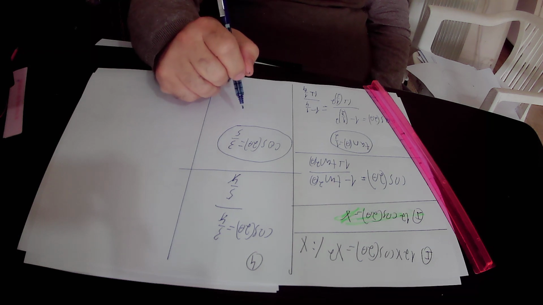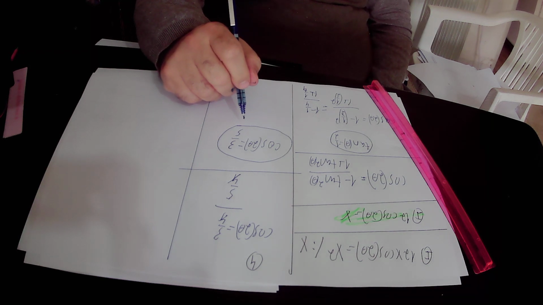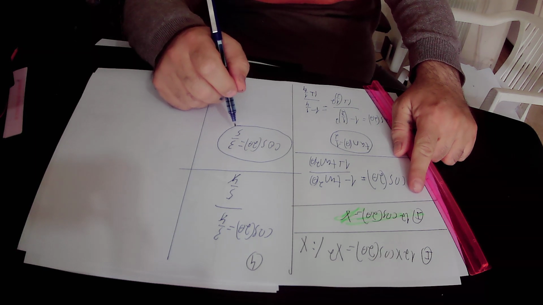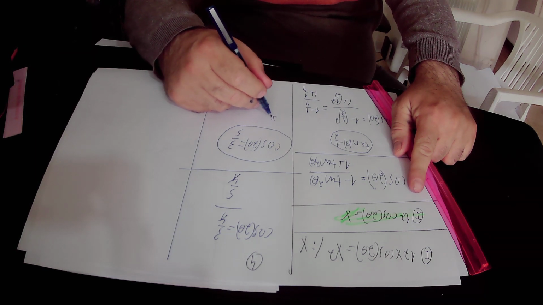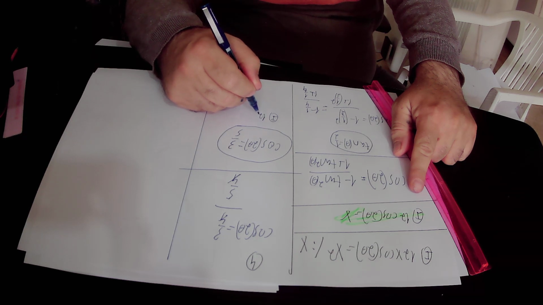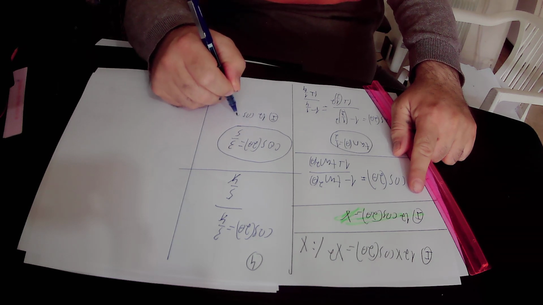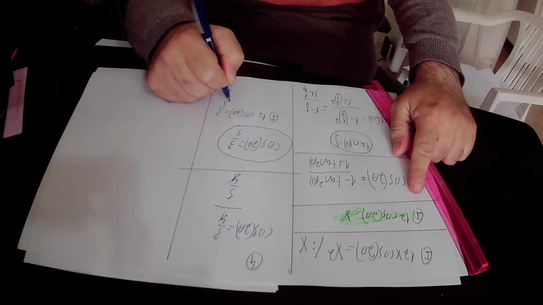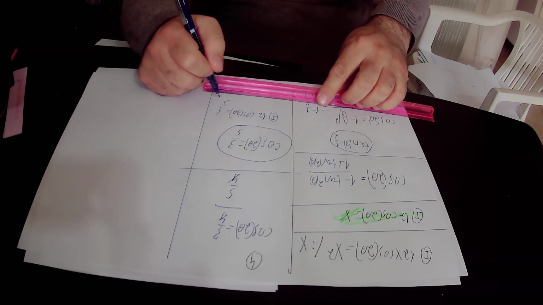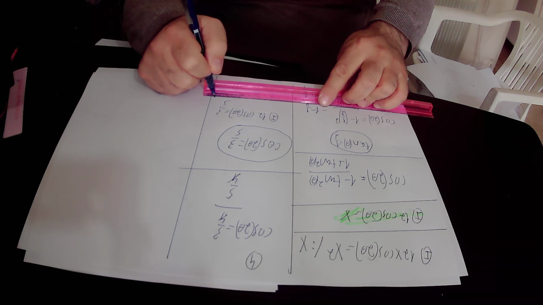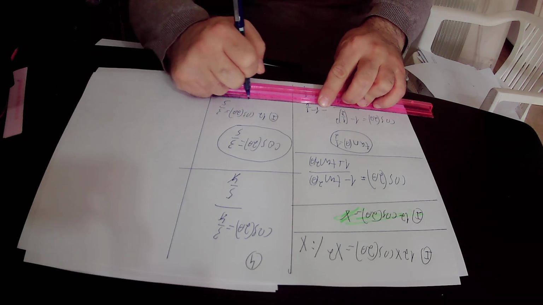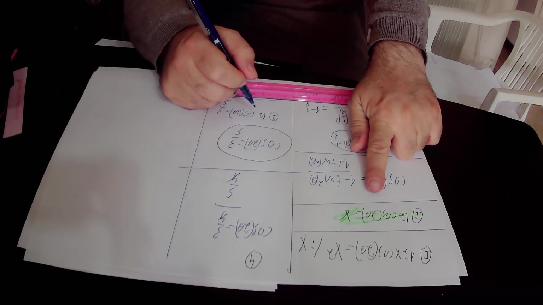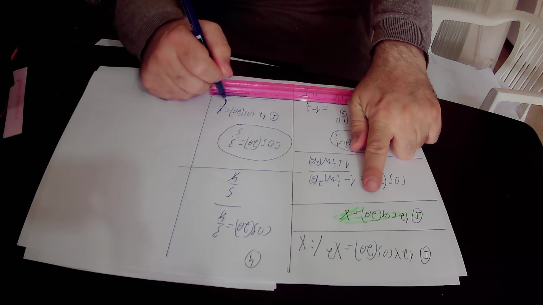Now we can substitute cosine 2 theta in equation number 1 by 3/5. Here, according to equation number 1, 12 times cosine 2 theta equals x. So we substitute cosine 2 theta by 3/5.